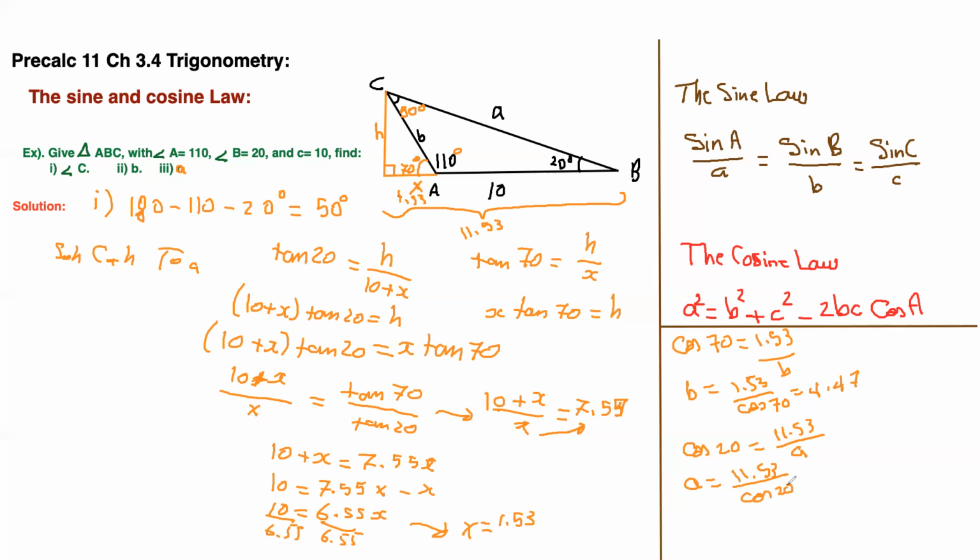And I'm just gonna do that in my calculator. So 11.53 divided by cos 20 equals 12.26 or 12.27.